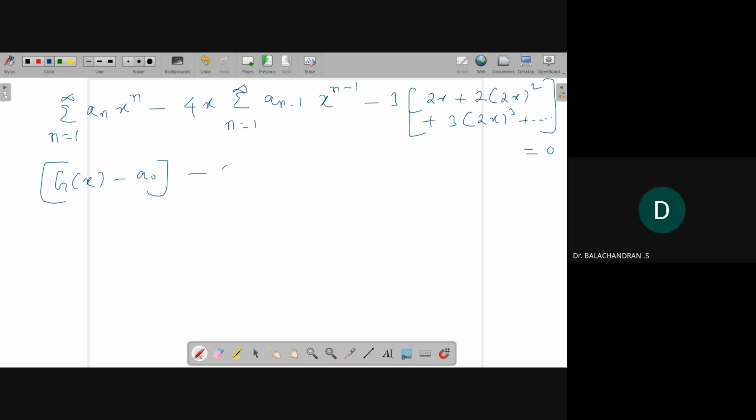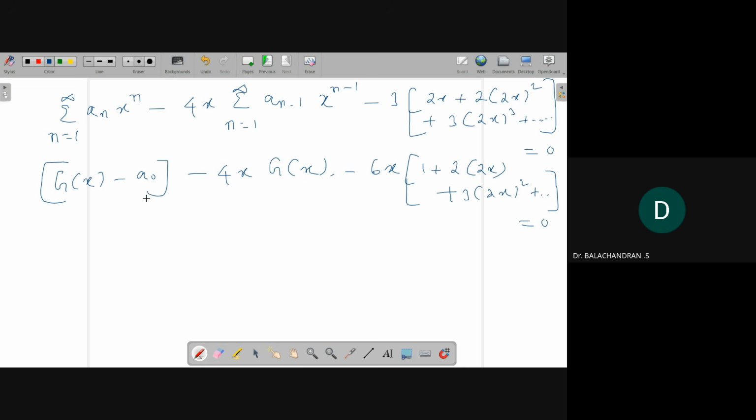That's why directly you can write this as g of x minus, take 2x common, so minus 6x into 1 plus 2 into 2x plus 3 into 2x whole square plus and so on, which is equal to 0.